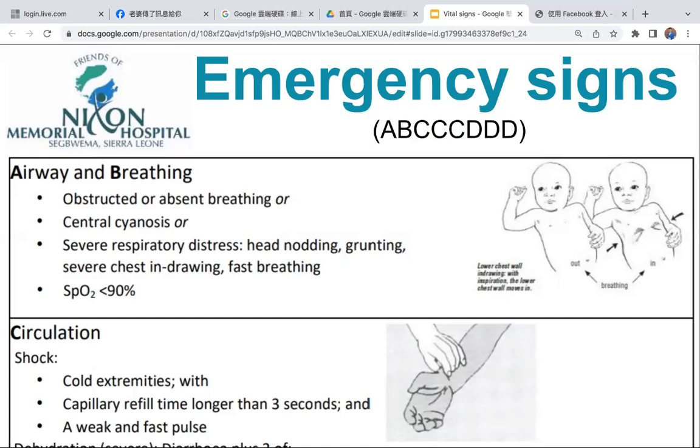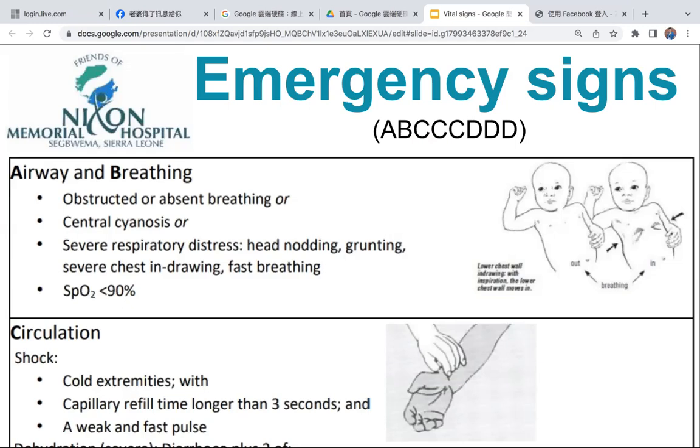B are the signs of respiratory distress. And it's also very important for us to measure the SpO2 for the saturation. If the saturation is lower than 90%, it's also one of the emergency signs.